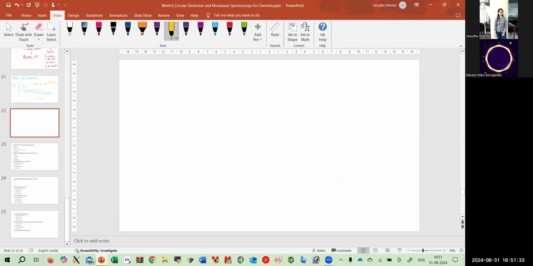So in that case, we can easily plot delta ellipticity, because we know that psi is dependent on the ellipticity, with respect to the temperature. For this particular point, we will be able to see how we get a sigmoidal curve. If we have this at room temperature, 298 Kelvin, and this is the temperature which is your melting, where the melting of the molecule starts.